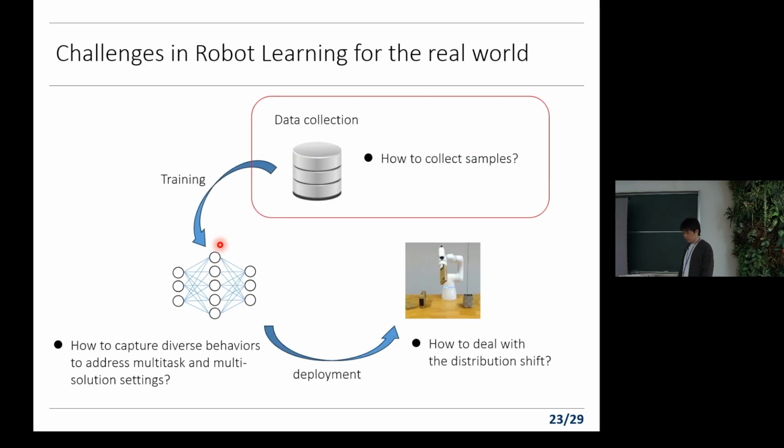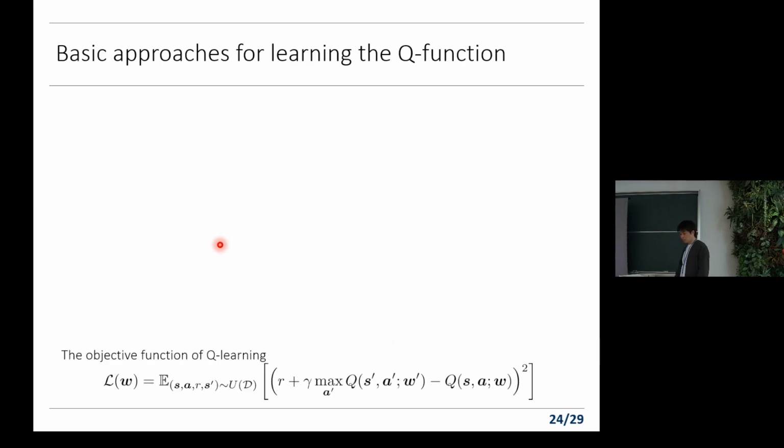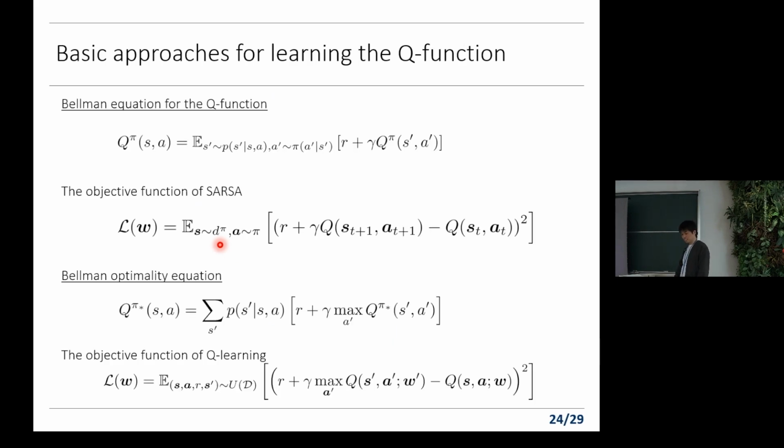Then we are also working on some fundamental aspects of reinforcement learning, to address how to collect the samples. In reinforcement learning, we often need to learn a Q function, which represents the expected return. There are two basic approaches for learning Q functions.